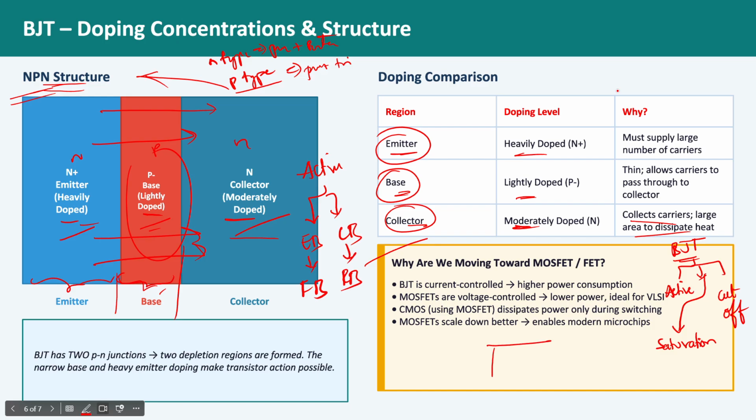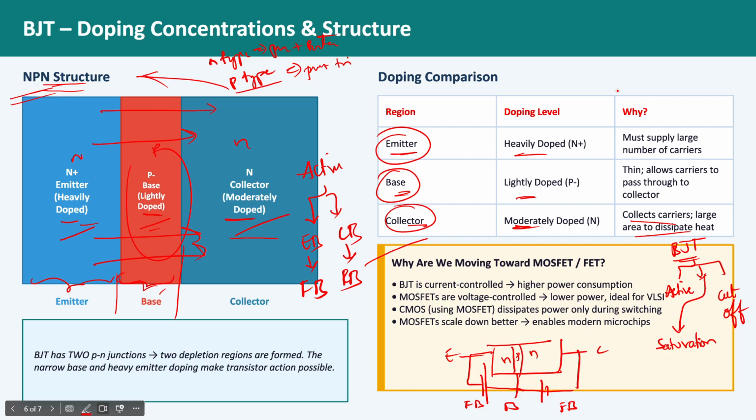So coming to the saturation region. Again consider the BJT, NPN. Now the emitter base should be forward biased and the base collector also should be forward biased. So both junctions are forward biased. What will happen?